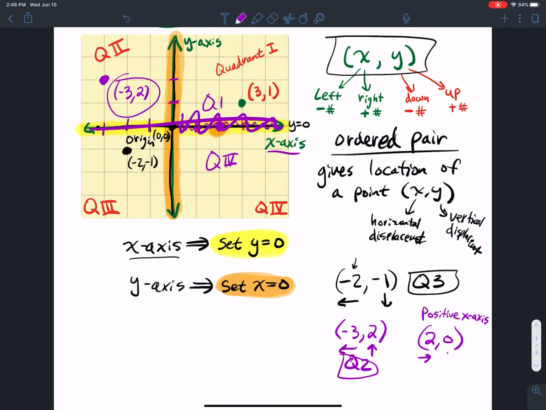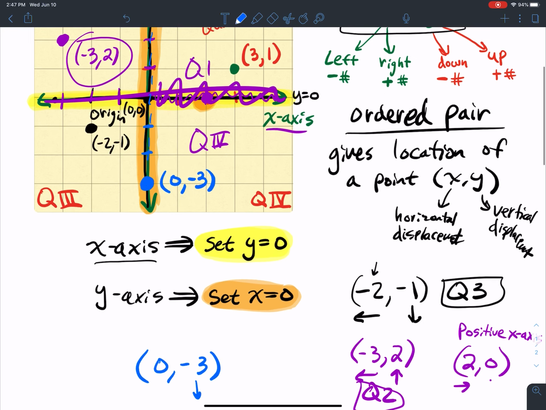So let's do one more just to make sure we got it. 0, comma -3. Let's plot this one. This tells me to go left or right. Nope, it doesn't tell me to go left or right. So I know I'm on the y-axis. And this tells me to go down 3. 1, 2, 3. And I put a dot here. So this is 0, comma -3 right there.